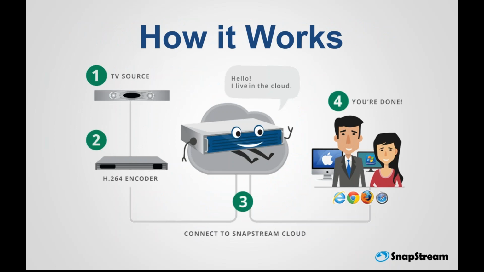But typically we see bit rates for HD from 7 to 15 megabits per second. So whichever bit rate that comes into SnapStream, we write that to a file, a transport stream file to be specific. So you have control over the bit rate, but that's at the encoder level.